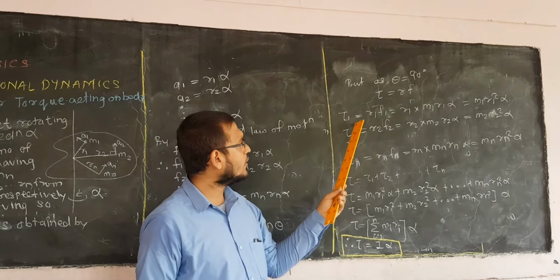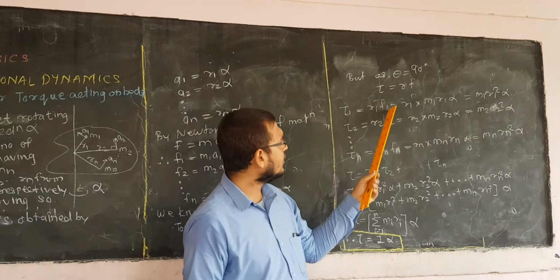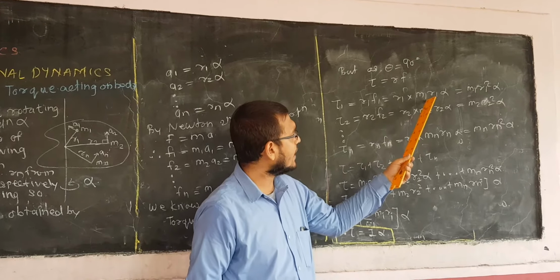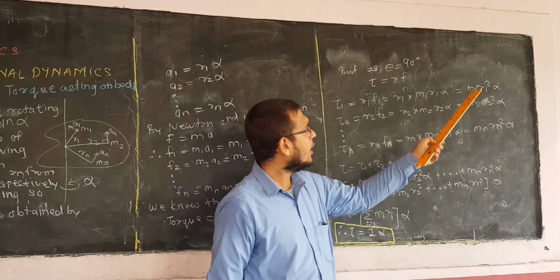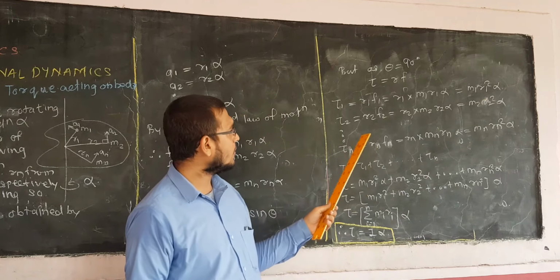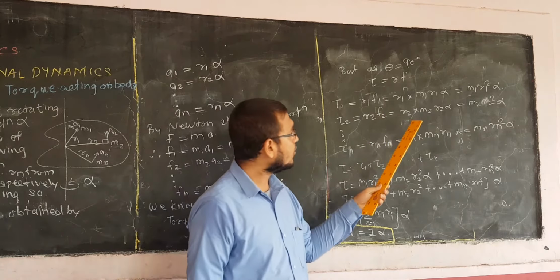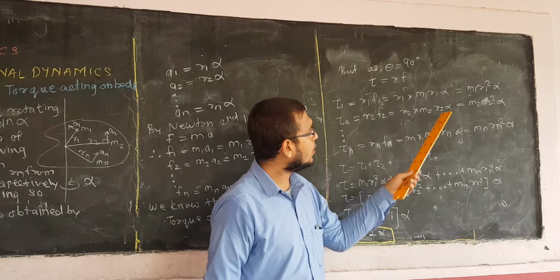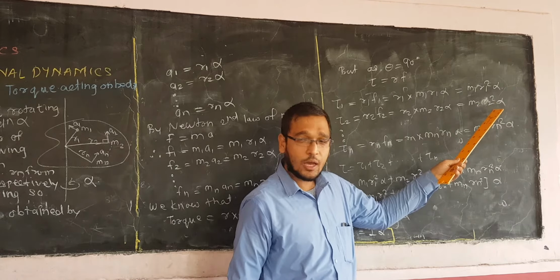So the torque acting on the first particle is r1 f1. Put the value of f1 here, r1 into f1, where f1 is m1 r1 alpha. When we multiply, we get m1 r1 square alpha. Similarly for the second particle, we have r2 f2, that is r2 into m2 r2 alpha, equal to m2 r2 square alpha.